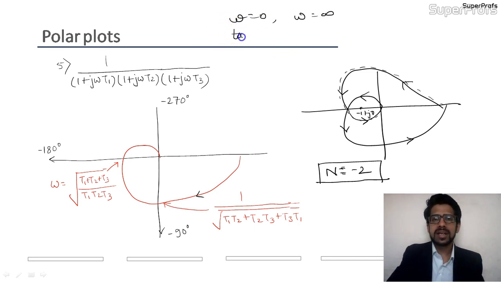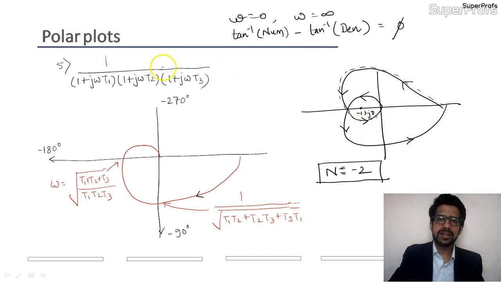Calculate tan inverse of numerator minus tan inverse of denominator, and using this calculate phase for these limiting values and try to join the values.